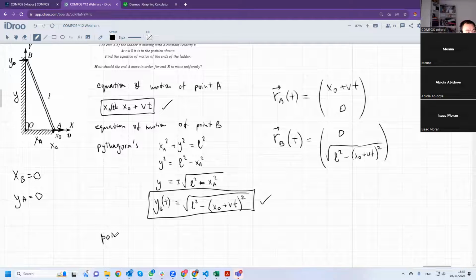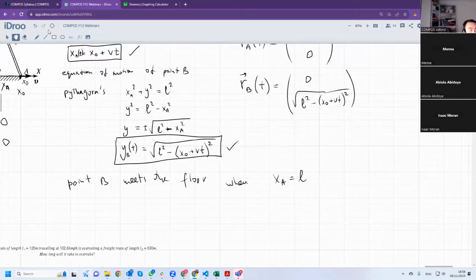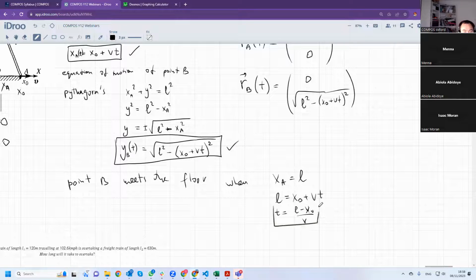Point B meets the floor when XA is equal to L. So let's substitute that in. So L is equal to x0 plus Vt. So T is equal to L minus x0 divided by V. This is the maximum time.